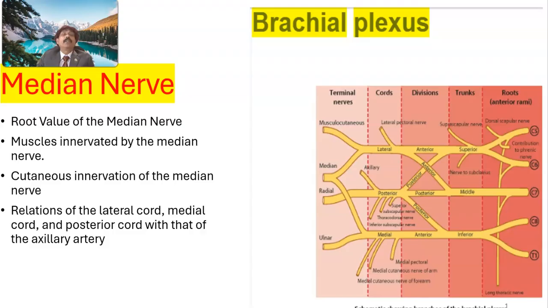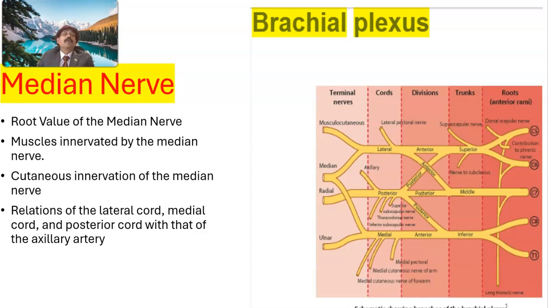That deep branch provides innervation to the supinator muscle and becomes the posterior interosseous nerve and innervates a lot of muscles like the abductor pollicis longus, extensor pollicis brevis, extensor pollicis longus, extensor digitorum, extensor digiti minimi, extensor carpi ulnaris, extensor indicis.